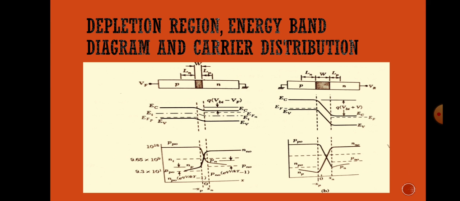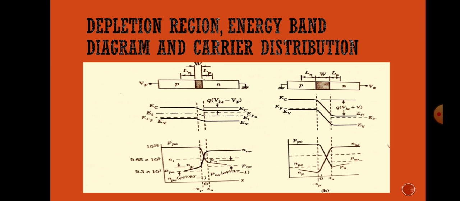We have an enhanced hole diffusion from the p side to the n side and electron diffusion from the n side to the p side. Therefore, minority carrier injection occurs, that is, electrons are injected into the p side whereas holes are injected into the n side. Under reverse bias, the applied voltage increases the electrostatic potential across the depletion region, as shown in the middle of this figure. This greatly reduces the diffusion currents, resulting in a small reverse current.